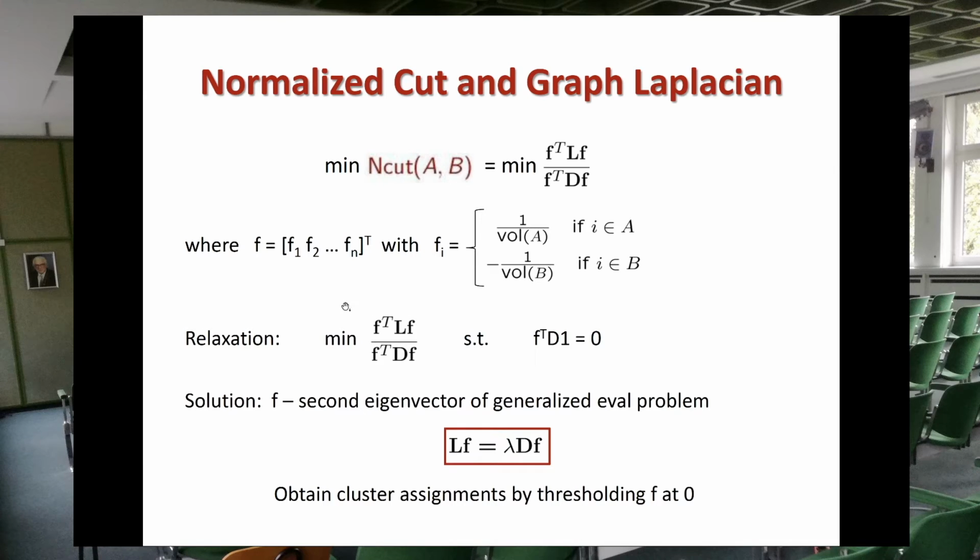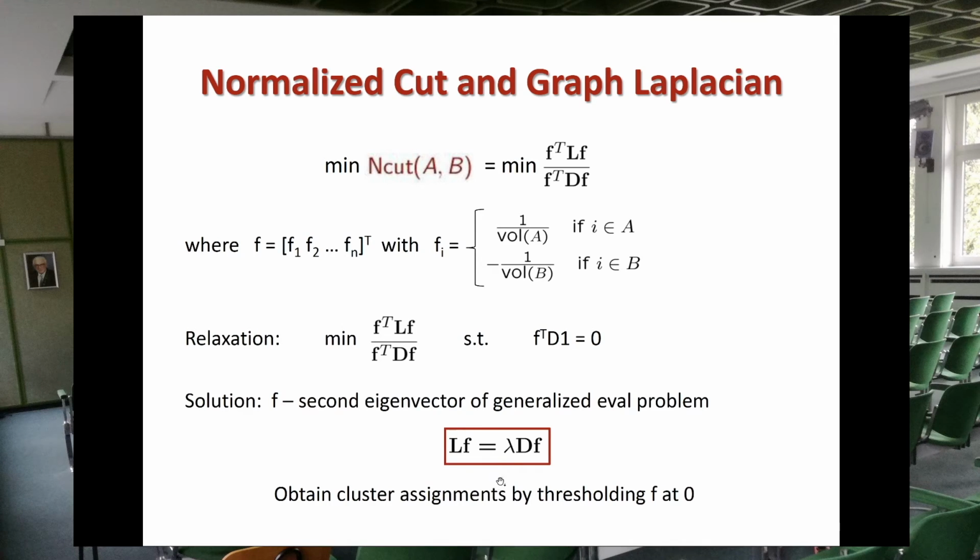And when you solve this problem, what you need to find is a solution to this eigenvalue and eigenvector problem, defined by the Laplacian times f equals some lambda value times the degree matrix times f, where f is the eigenvector and lambda is the corresponding eigenvalue.